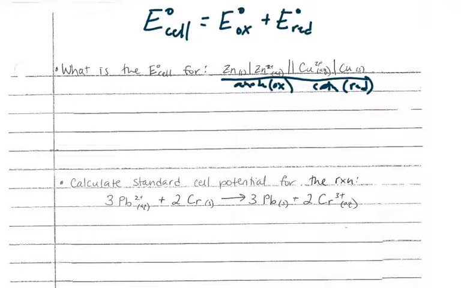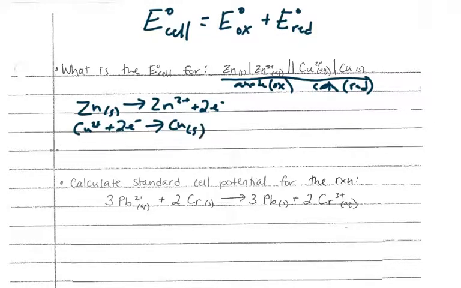Okay, so if we go to that table 19.1, we can find these two half reactions. All right, so the half reaction at the anode, the zinc is losing electrons. And at the cathode, the copper ions are gaining electrons.